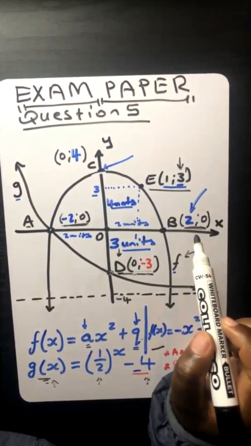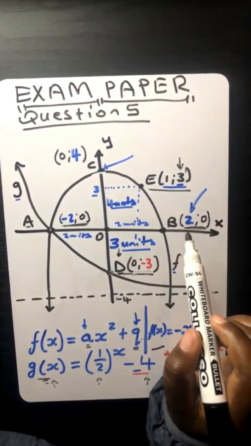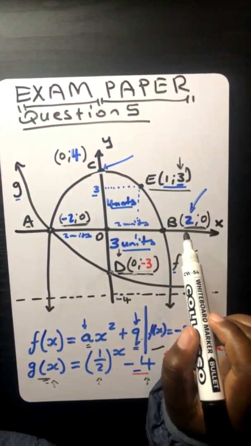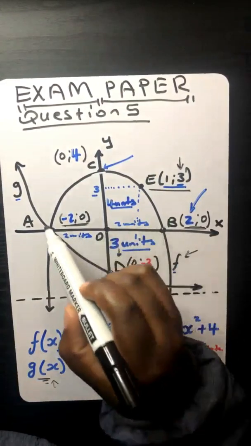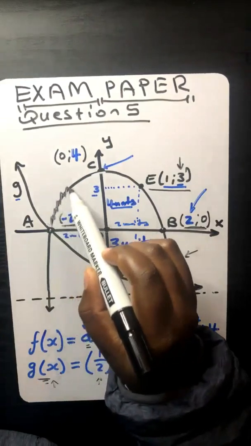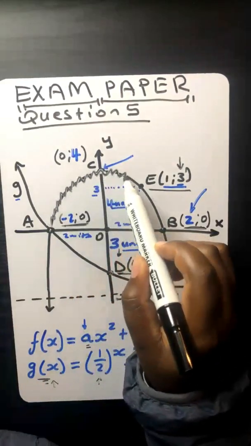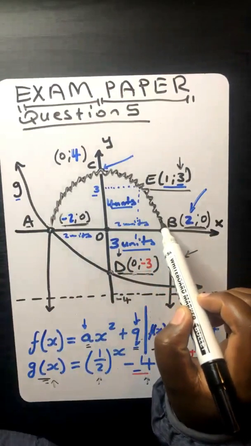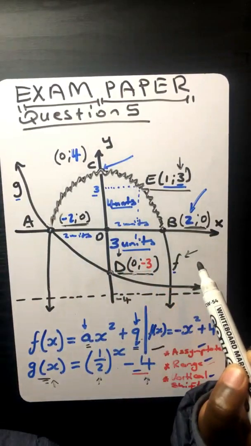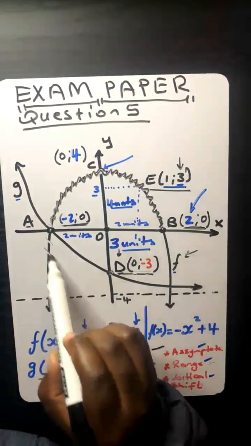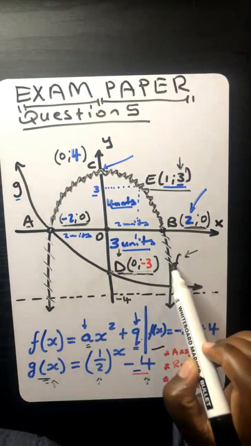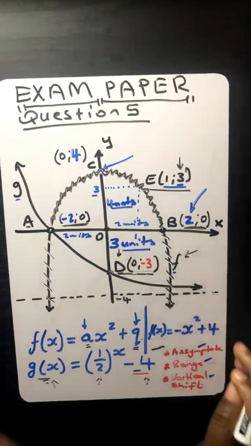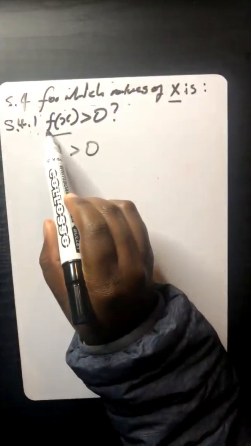So can you see, guys, that between these 2 points, that's where we actually have that being above the origin? So it's above 0. I'm not sure if you guys are able to notice that, but this part is actually below 0.